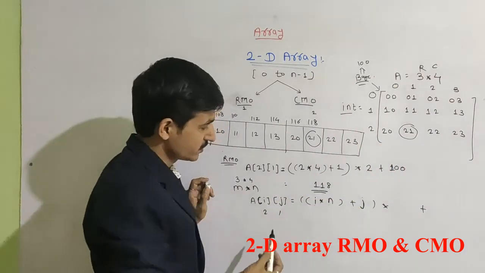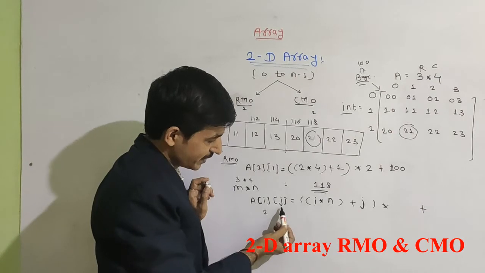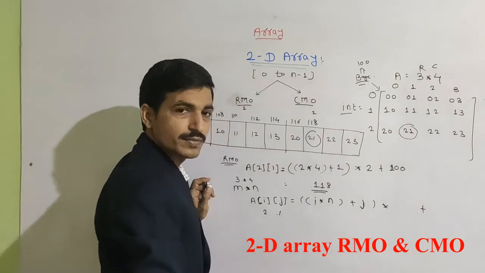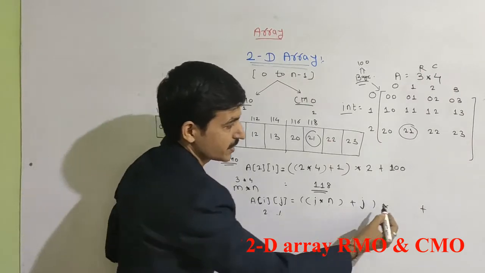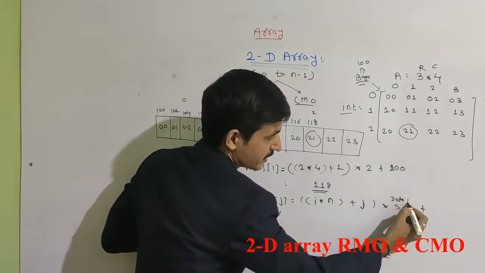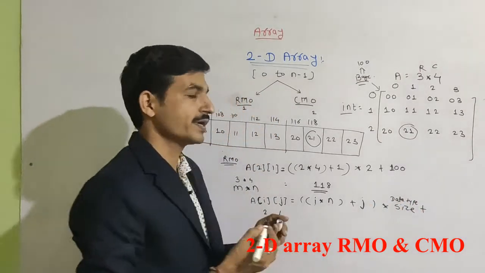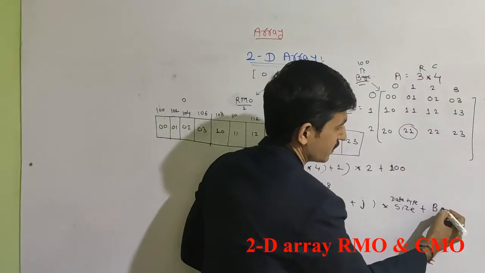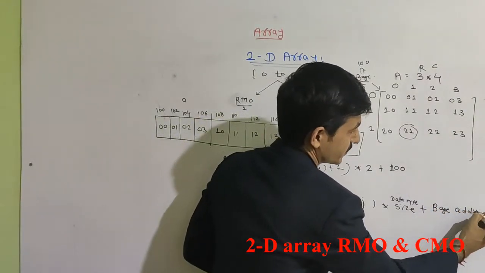Only 1 element has to be crossed. So j is the second index, 2, 1. So 2 is the number of rows, and j is the number of columns to be crossed, plus size. It's actually the data type size. Whatever data type you are using, that much size you require. And then finally the base address.